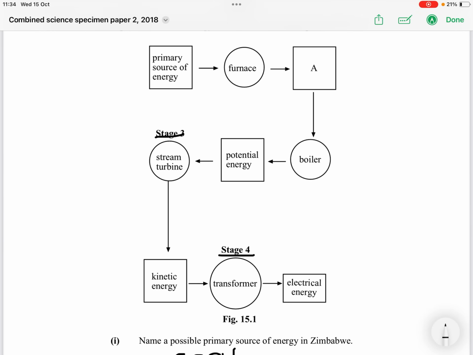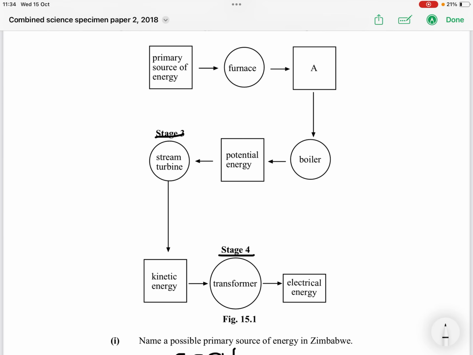Right, in stage 3, the steam turbine uses heat source to heat water to extremely high temperature until it is converted to steam. Heat energy of steam is then converted into mechanical energy. The transformer now converts the generated electricity to higher voltage to make long distance distribution possible.